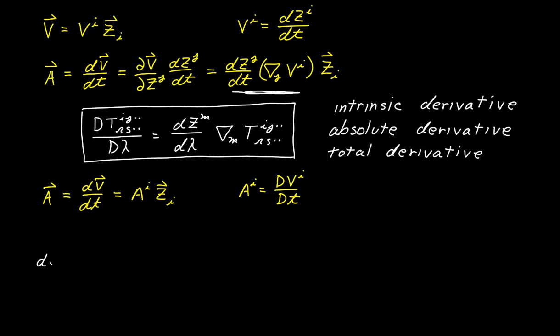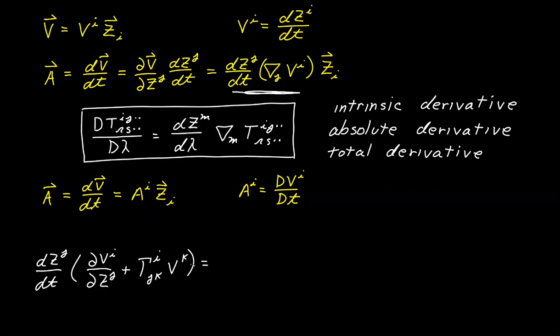It's got dz^j/dt, and we'll expand out the covariant derivative here, which of course is the partial derivative of v^i with respect to z^j. And being an upper index, we're going to need to add a term with Gamma^i_jk and add a dummy index k and v^k to complete the covariant derivative.